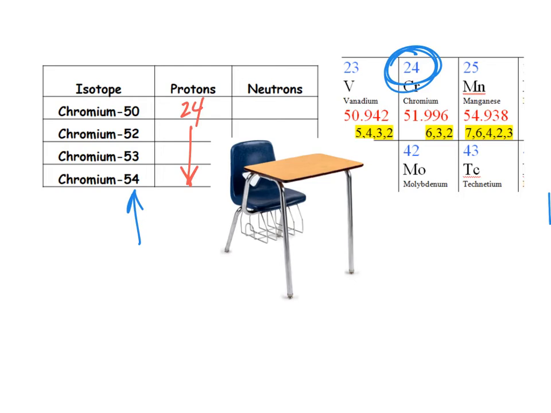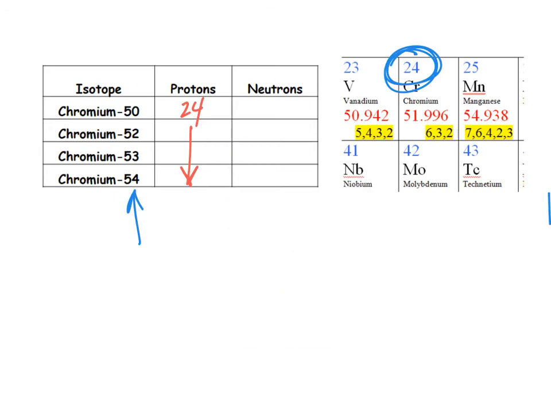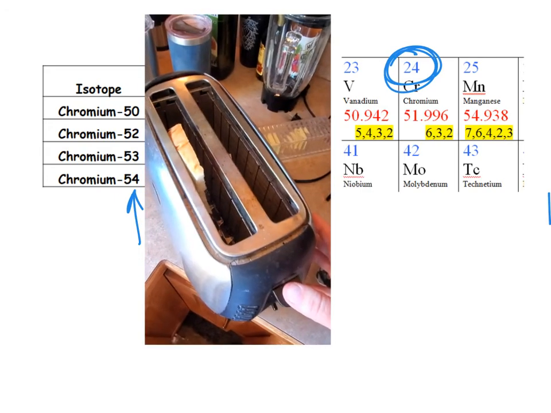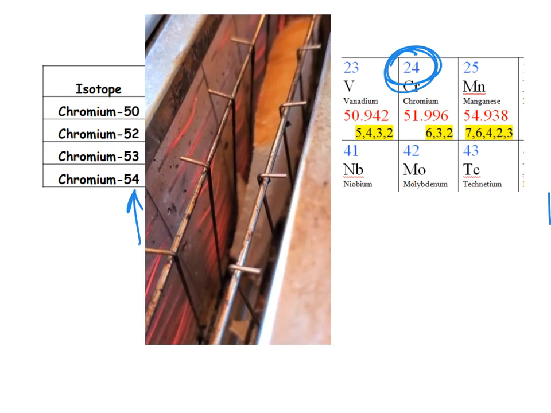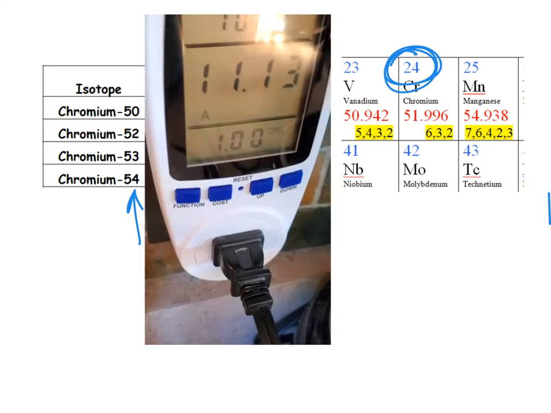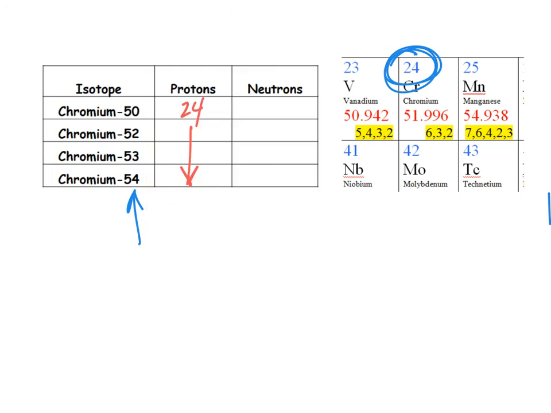You might also find it in a toaster. If you ever looked inside of a toaster, that little thing that gets red hot in there probably contains some chromium in it. It's probably a chromium nickel mixture. So we use chromium in lots of different places too as well.